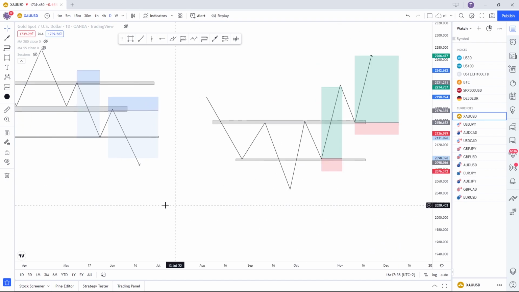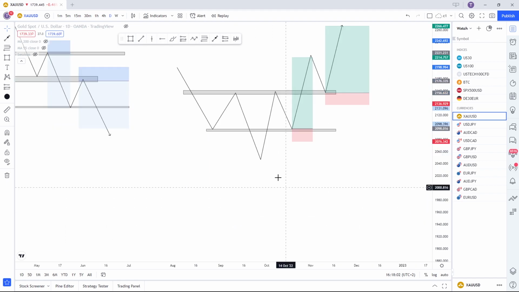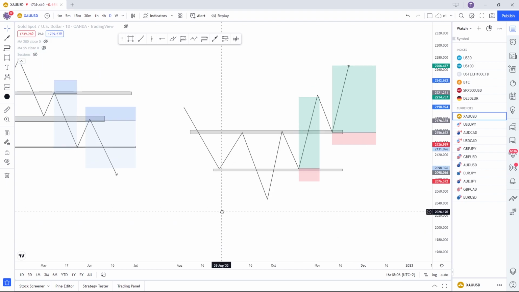Okay, so this is an inverse heads and shoulders pattern.